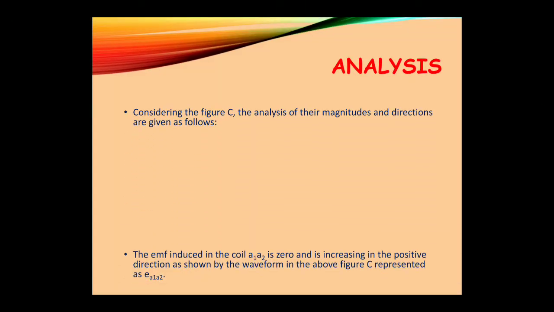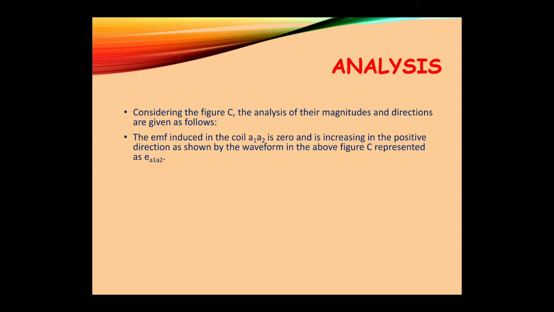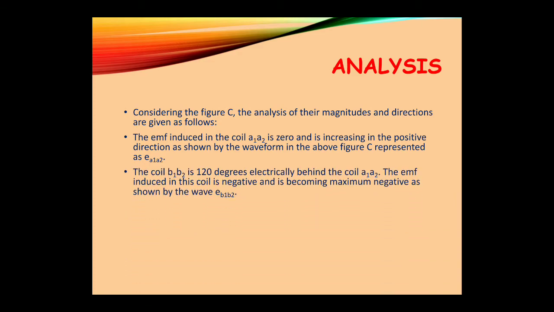I have already discussed it. And it is represented as EA1A2. The coil B1 B2 is 120 degrees electrical behind A1 A2. The EMF induced in the coil is negative and is becoming maximum negative, as shown by the wave EB1 B2.